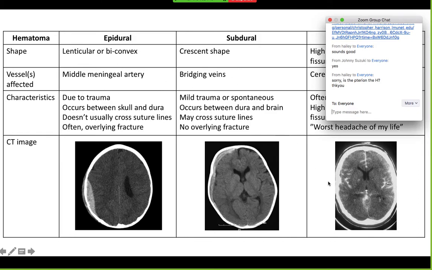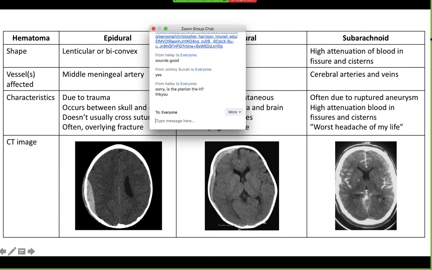The only thing that you want to add in is the CT image that corresponds with each type of hematoma. So with an epidural hematoma, you'll see this lenticular or biconvex shape. And then with subdural, it's a crescent shape. And then over here in the subarachnoid hematoma, you have a high attenuation of blood in the fissures and cisterns, so it really lights up over here.